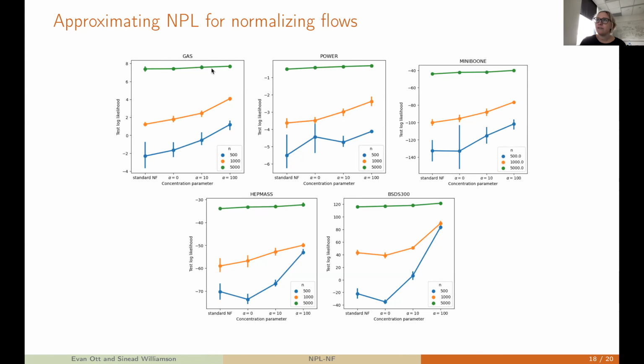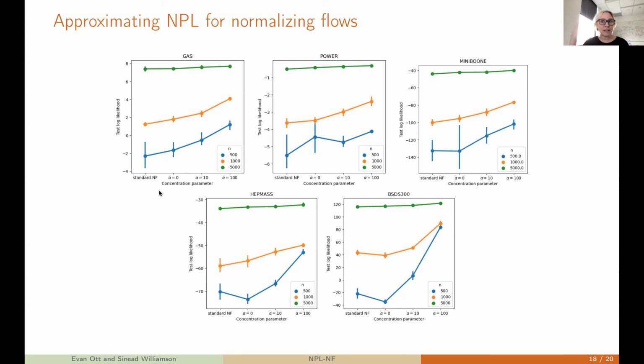Here, what I've got for each data set is the test set log likelihood for the 500, 1,000, and 5,000 N data sets. You'll be shocked to learn that the more data you have, the better you do. And so here we can see on the x-axis, the far left one is standard normalizing flow, no uncertainty.